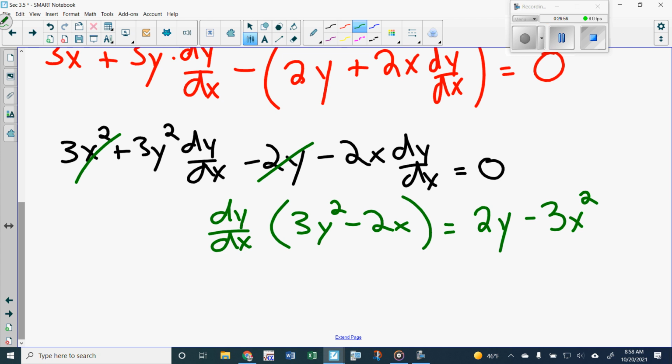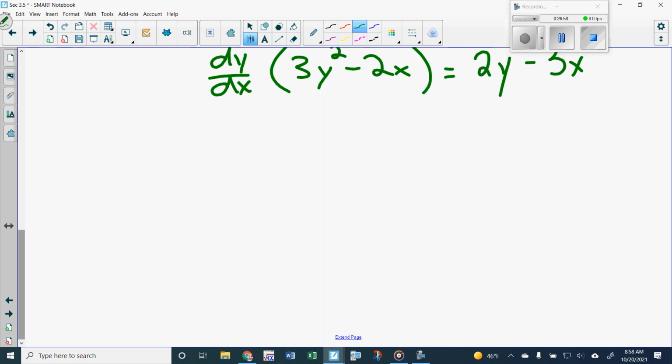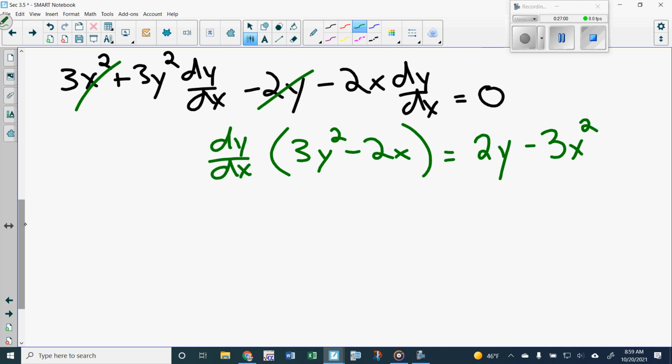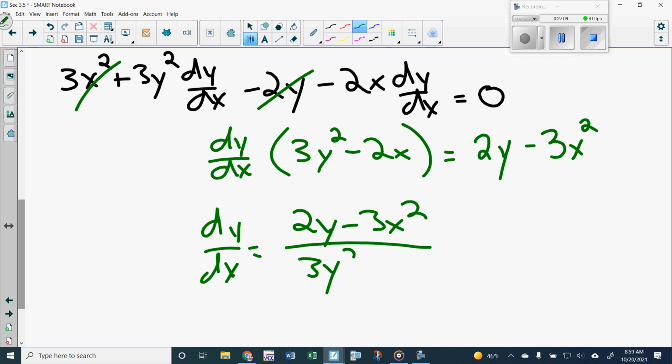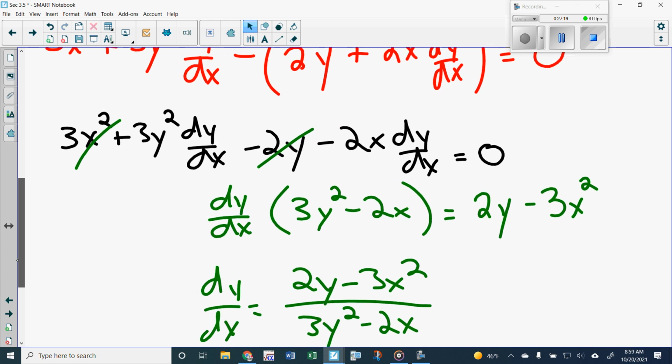And the last step is you just take all of that and divide it over, so we get dy dx is 2y minus 3x squared all over 3y squared minus 2x. See, just simple algebra after you do the calculus part.